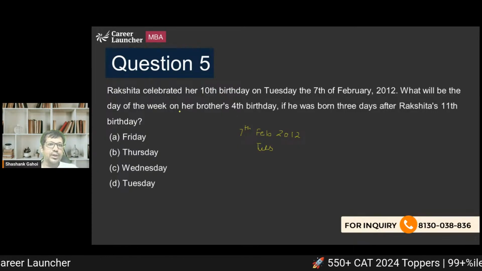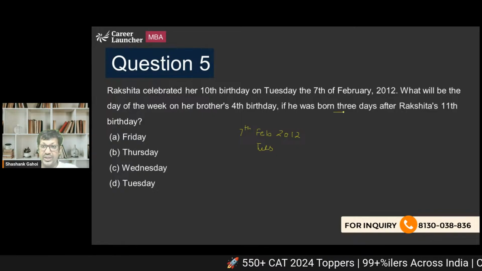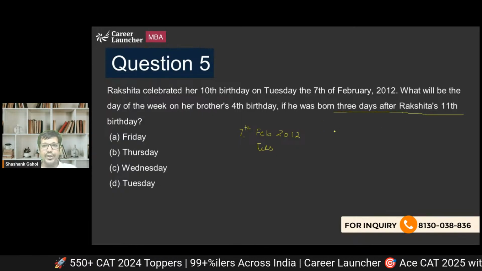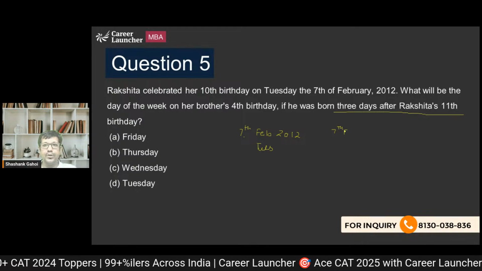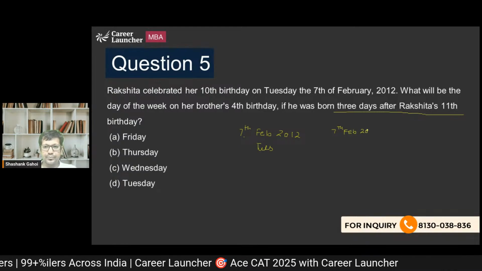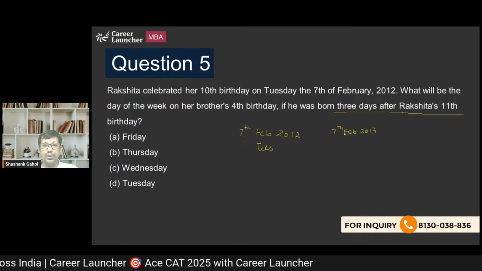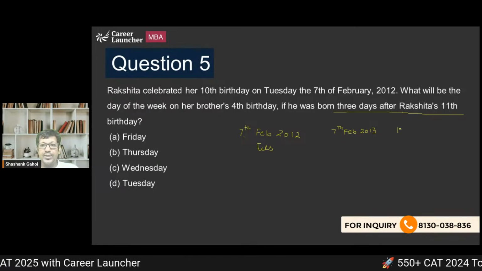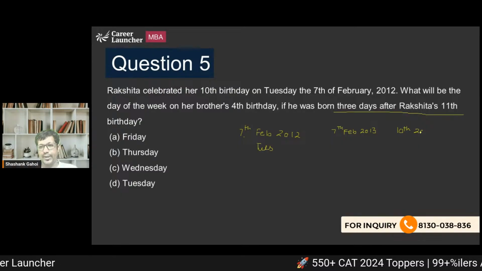And the question is talking about her brother, who was born 3 days after her 11th birthday. Means the 11th birthday is going to be 7th Feb 2013. So the brother's birthday is going to be 3 days after, means 10th Feb 2013.